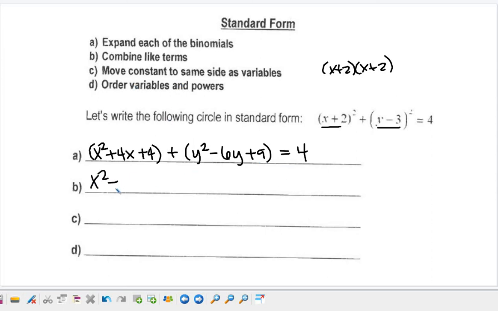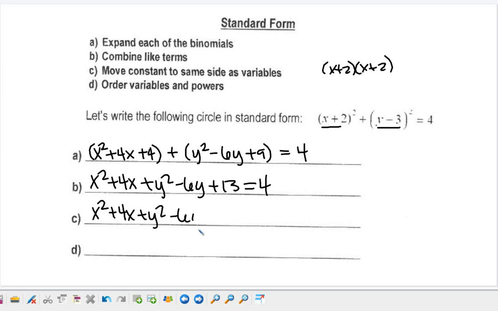Combine like terms, so the only like terms I have are my constants. So I have x squared plus 4x plus y squared minus 6y, and 4 plus 9 is 13. So then I need to move my constant to the same side, so I'm going to subtract 4. So I have x squared plus 4x plus y squared minus 6y plus 13 is equal to, oh, sorry, forgot what I was doing.